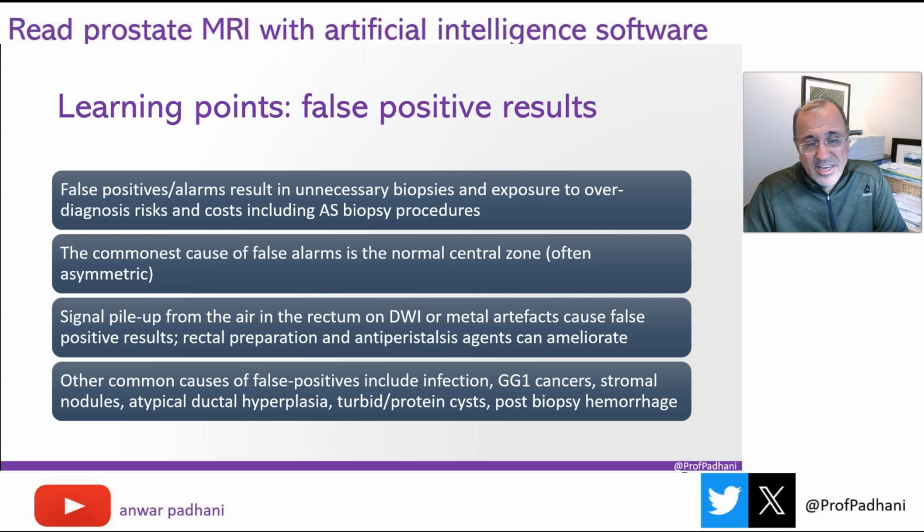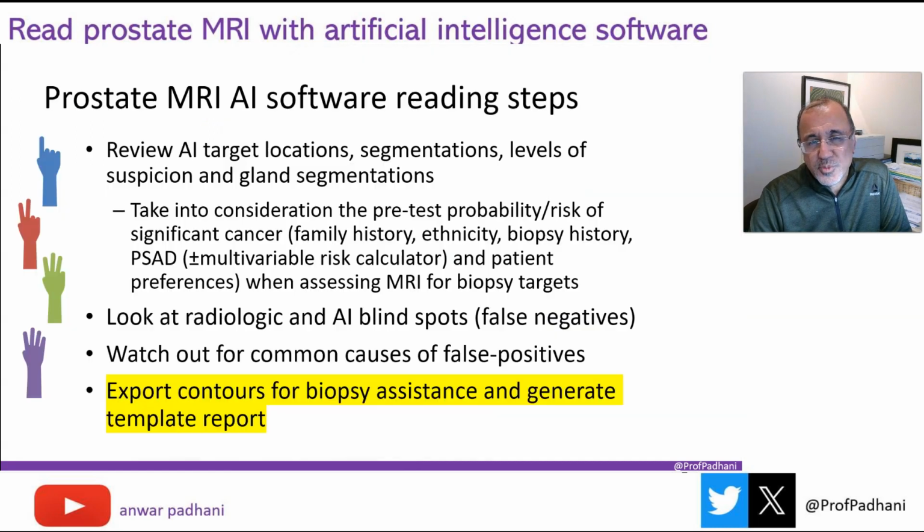And in fact, you can use rectal preparation or anti-peristaltic agents to ameliorate this issue. Other common causes of false positives include group 1 cancers, stromal nodules, atypical ductal hyperplasia, proteinaceous cysts, or even post-biopsy hemorrhage. So just watch out for false positives also.